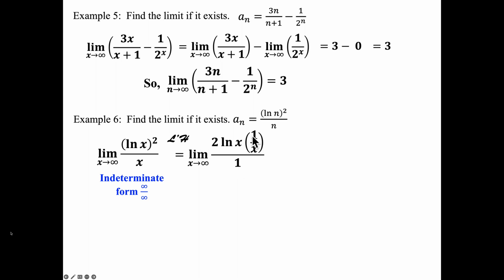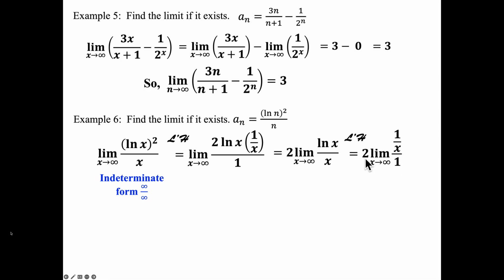So to simplify this, multiplication of 1 over x would definitely put the x back into the denominator. So we'll also factor the 2 to the front of the limit, and we have another indeterminate form as x goes to infinity. So we'll take the derivative, top and bottom again, using L'Hopital's rule. We'll get 1 over x on the top, we'll get 1 on the bottom.